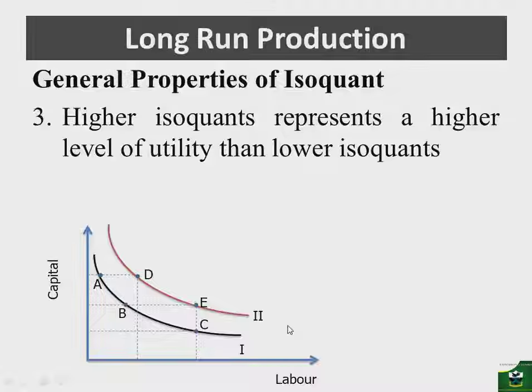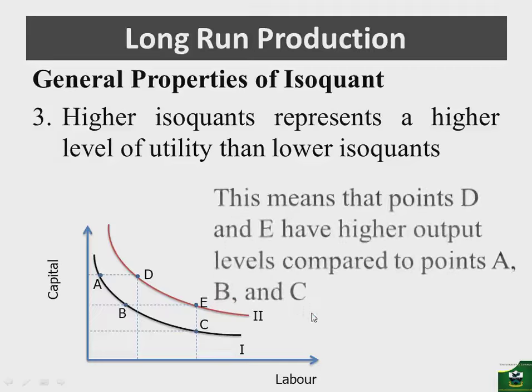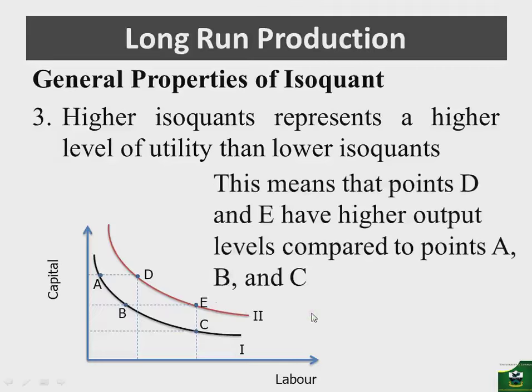Point E on isoquant 2 has more labor and less capital compared to point D. If you look at isoquant 1, point A has less labor and more capital compared to point C, but the output level will be the same along isoquant 1. So points D and E have higher output levels compared to points A, B, and C.